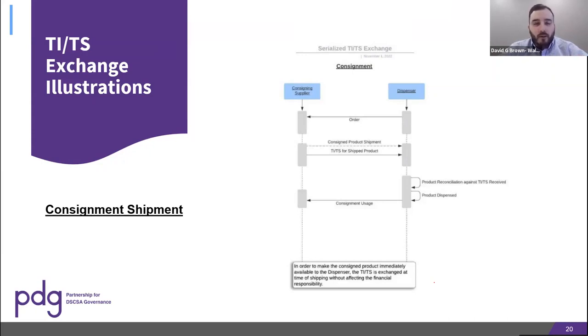The alternative would be potentially dispensing that product and then receiving TI and TS to represent that transfer of ownership has occurred, and then potentially finding out about a data discrepancy after the fact. So the PDG blueprint calls out that receiving it upfront is important, just to find those discrepancies and ensure that you have the proper documentation.